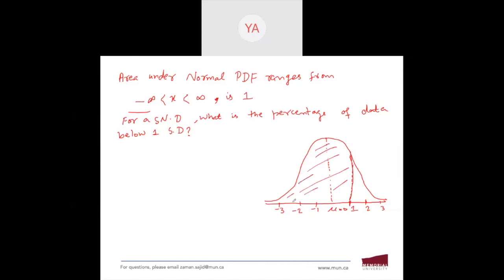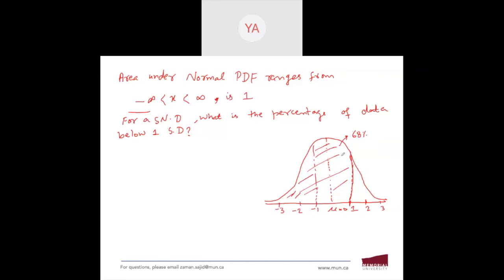Now here we can use our empirical rule to define this. From the definitions, you know that this area between -1 and 1 is 68%. We know that from our rule. How do we find the rest of this area?